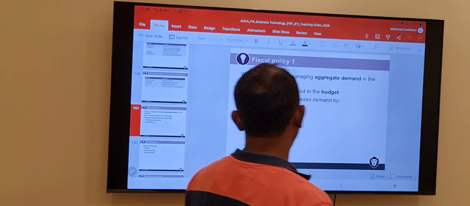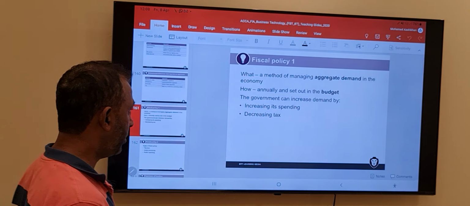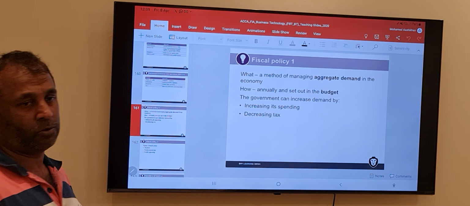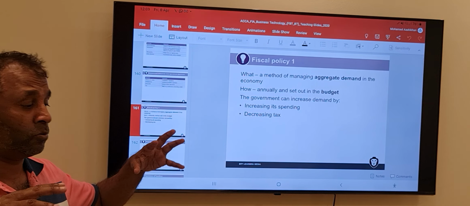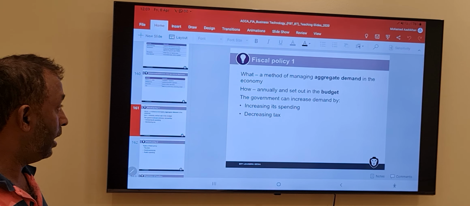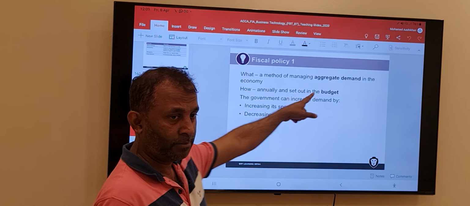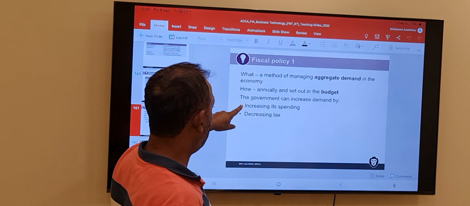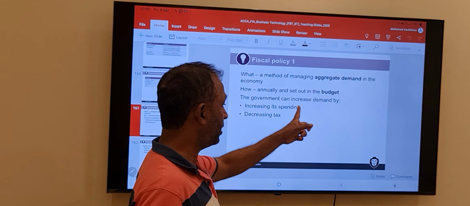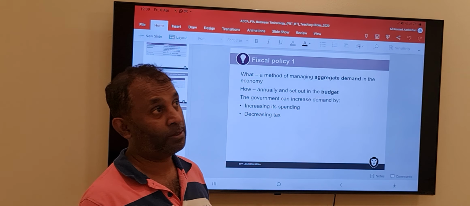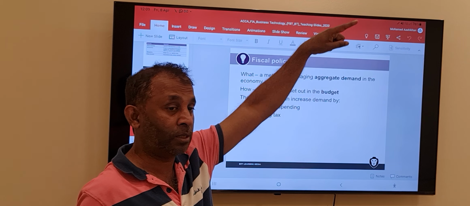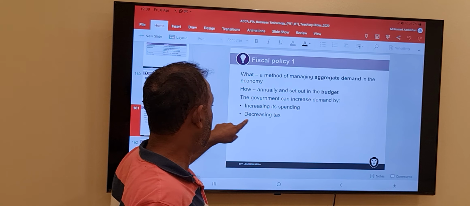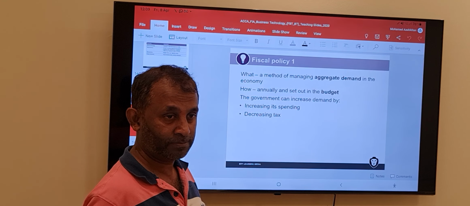Now what is fiscal policy? A method of managing aggregate demand in the economy. Aggregate demand is the total demand for goods and services. Annually we set out a budget. The government can increase demand by increasing its spending, for example putting up a bridge or highway, building from Kurunegala to Colombo, and by increasing or decreasing tax.